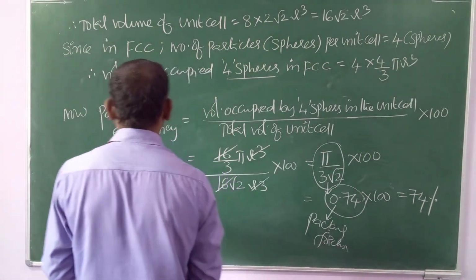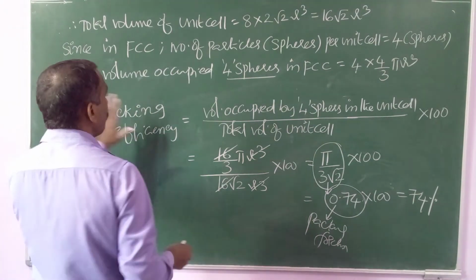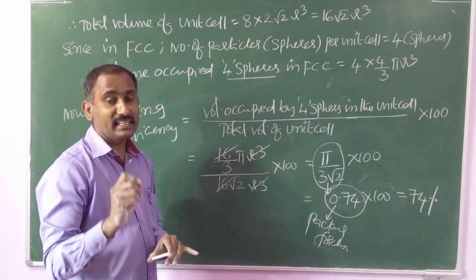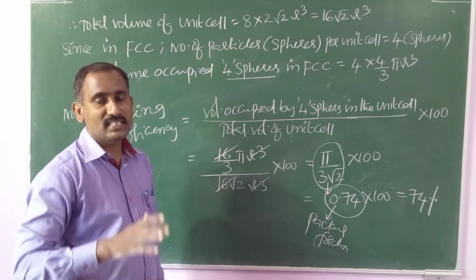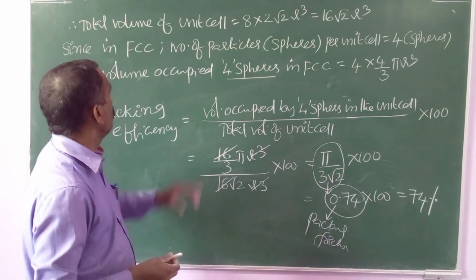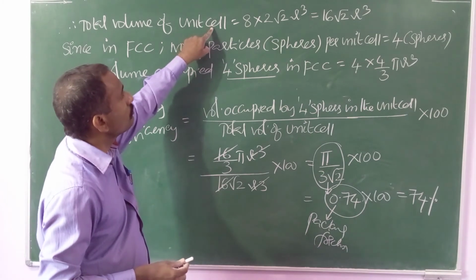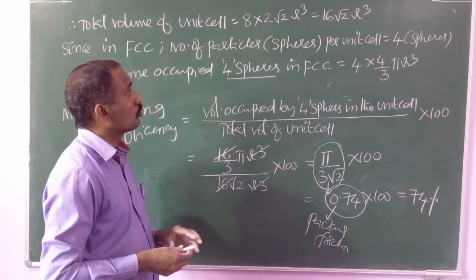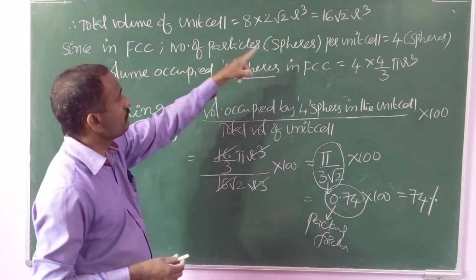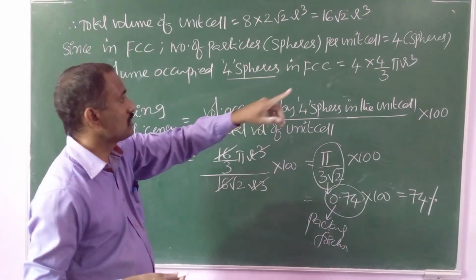So 74 percentage. Again I am repeating, very important. Packing efficiency means the percentage of total space filled by the particles. So first of all, calculate the total volume of unit cell: 16 root 2 r cube. In FCC per unit cell how many spheres are there? 4 spheres.